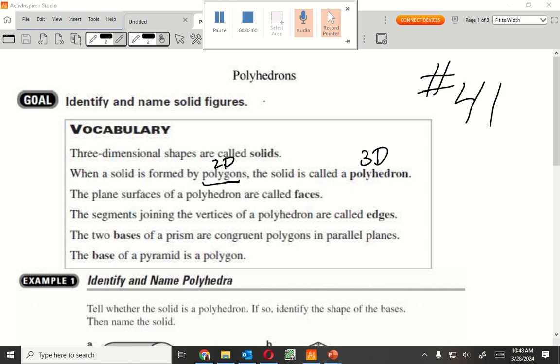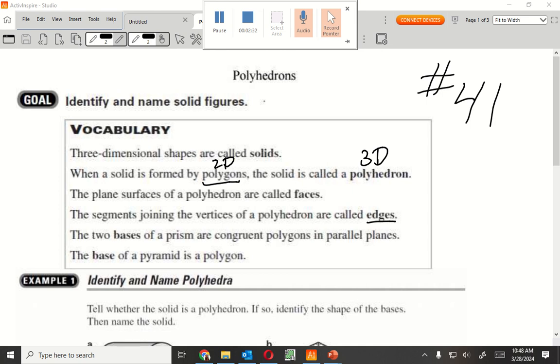Okay, good. All right, the plane surfaces of a polyhedron are called faces. The segments joining the vertices of a polyhedron are called edges. So, let's say for instance, oh man, I actually had a cube here for this. Let's pretend this is actually complete. This box is complete, okay? So, ignore the fact that it's missing a side.